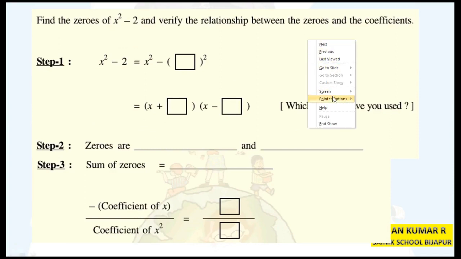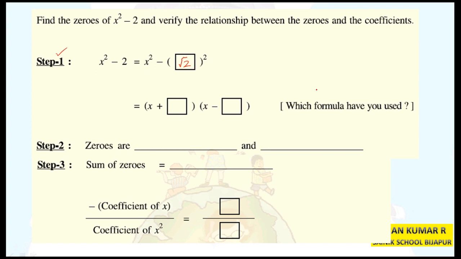Look at this question. Find the zeros of x square minus 2. Verify the relationship between the zeros and the coefficients. Look at step 1. x square minus 2 can be written as x square minus root 2 times of x square, so that I will be able to use the a square minus b square identity.